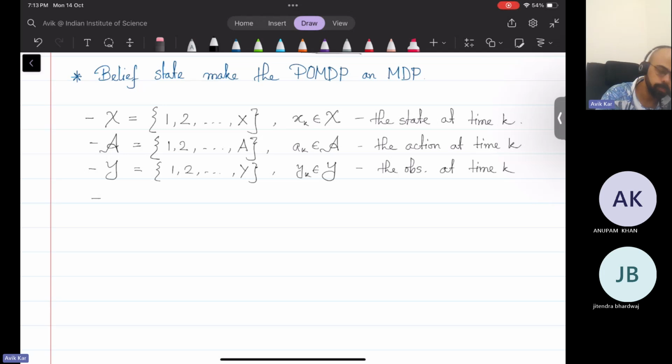So here also you have a transition probability matrix, Pij(u), that denotes the probability that xk+1 is equal to j, given xk is i and the action at time k is a.